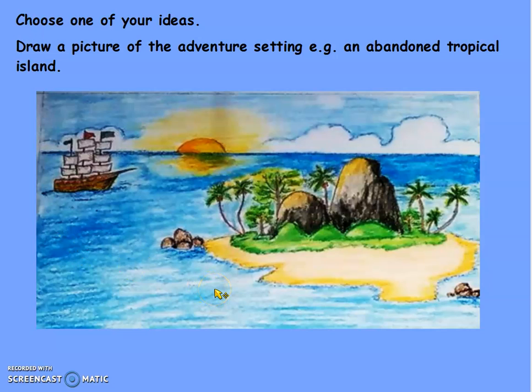This could possibly be the pirate ship. This picture needs to include lots of detail because tomorrow you will be using it to write a setting description. The more detailed that your drawing is, the easier it will be tomorrow to write a description using lots of imagery describing what you can see or what you can imagine being there.